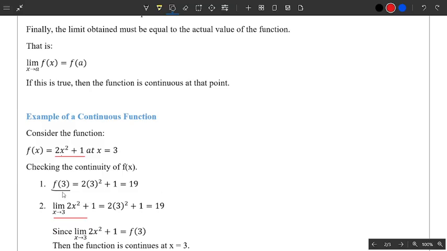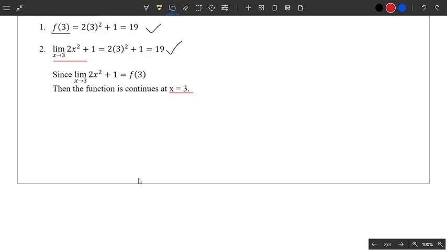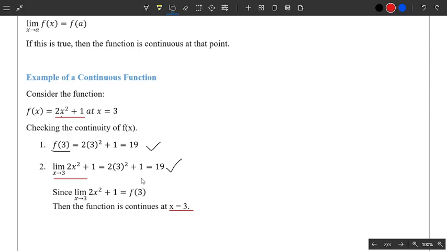So since the functional value and the limit as x approaches the point 3 are the same, we can say that the function is continuous at the point x equal to 3, right? So this is simple.